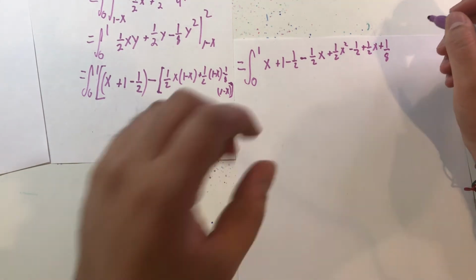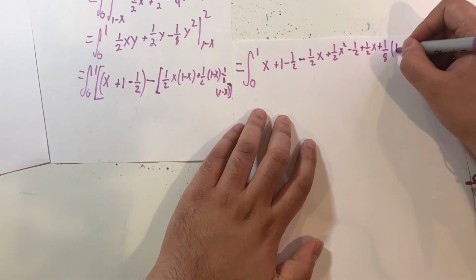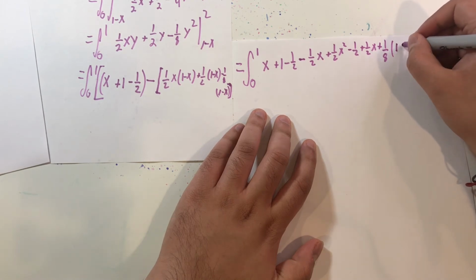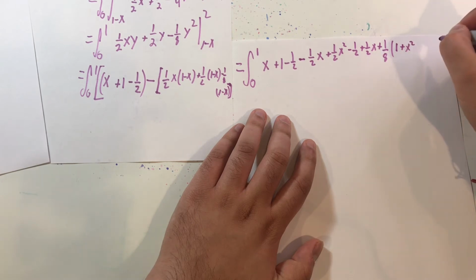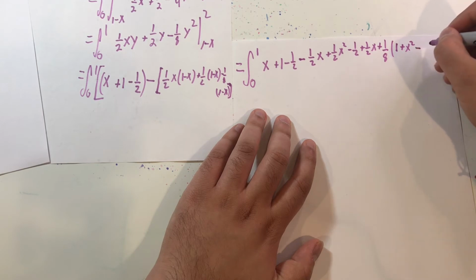So that's going to be multiplied by a plus 1 plus x squared plus, minus 2x.